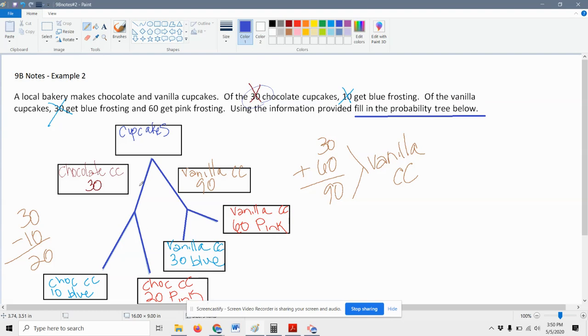And how many do we have? Well, we're just going to add that together. When we're looking for a total, we're adding. When we have a total and we're looking for a missing piece, we subtract. Here's a total, so we're going to add up what we have. We have 90, we have 30, and when we add that together, we get 120. And so we know we have 120 total cupcakes.